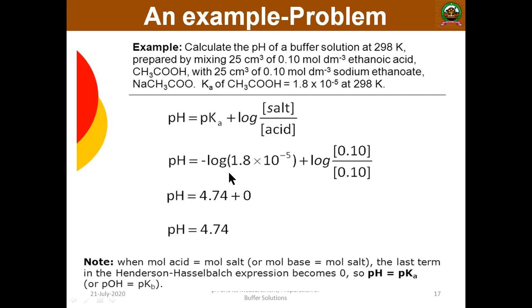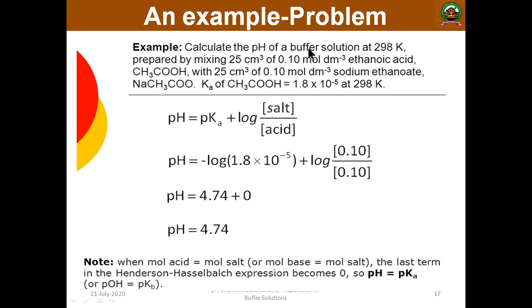Substitute the value here: minus log of 1.8 into 10 raised to minus 5, plus log of the concentration of salt over the concentration of acid. The salt is sodium ethanoate, sodium acetate, and its concentration is 0.10.